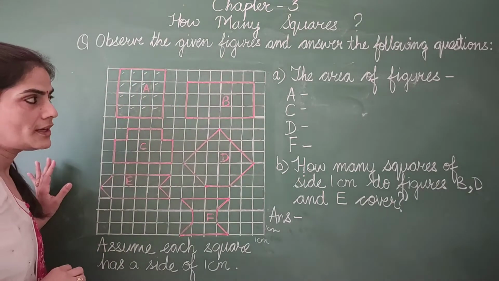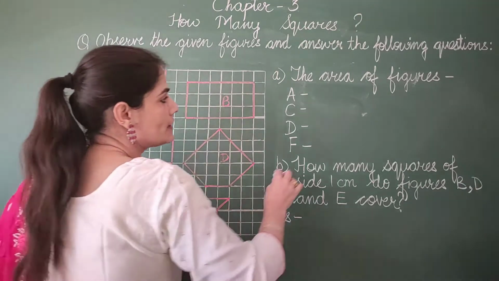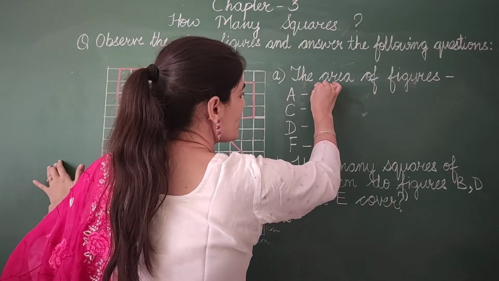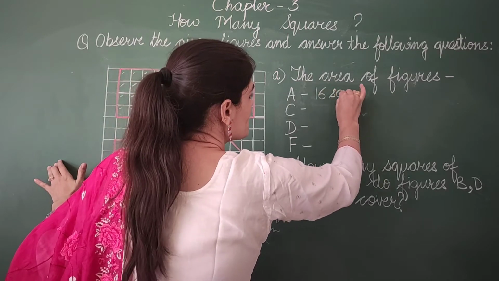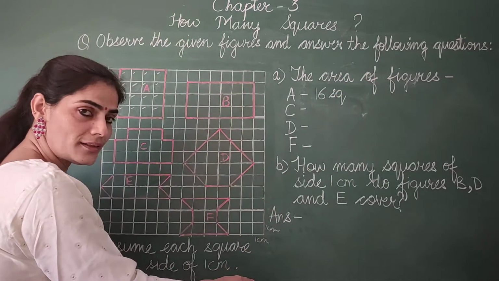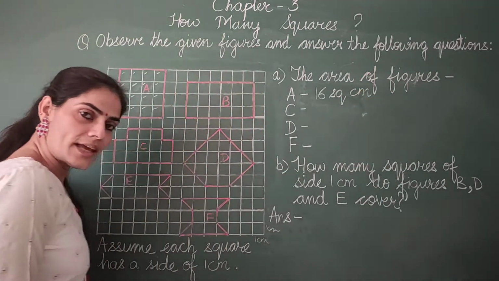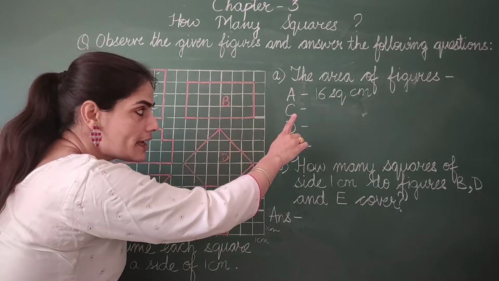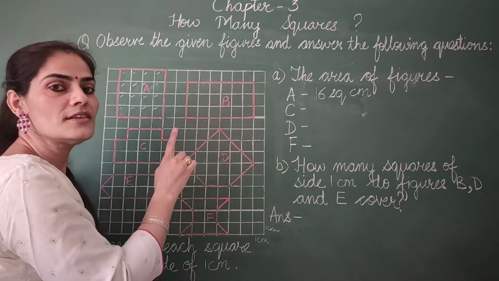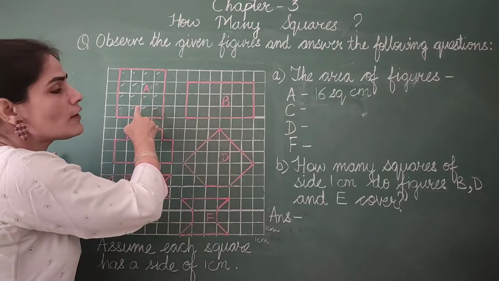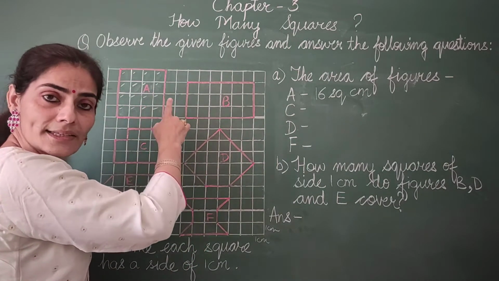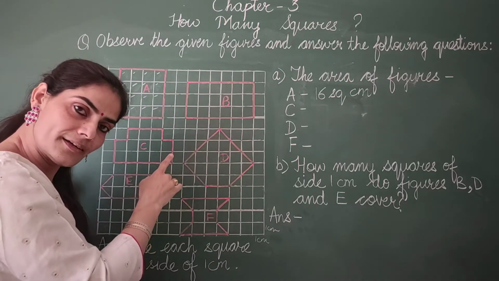This is one way. So, I'll be writing here that the area of figure A is 16 square. Unit of length is centimeter. So, I'll be writing square centimeter. The area of a figure is equal to the number of squares it covers. Clear, everybody?